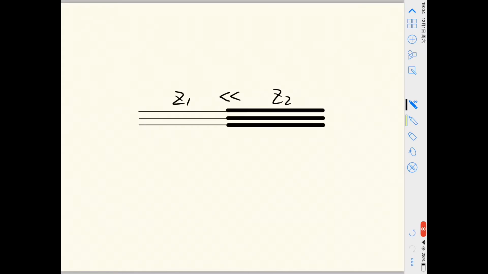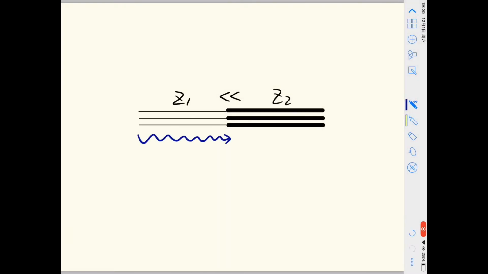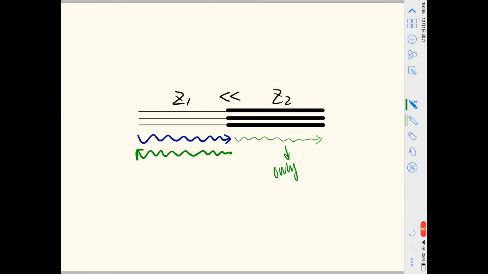Now, let's imagine that the resistance of the second cable is massive compared to the first. That is, it's extremely hard for current to travel through it. What would we expect the reflection coefficient to be? In this case, almost all of the signal traveling through the first cable would be reflected, so the reflection coefficient would be close to 1.